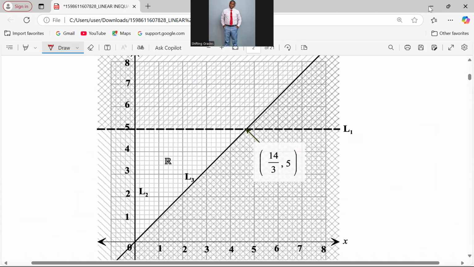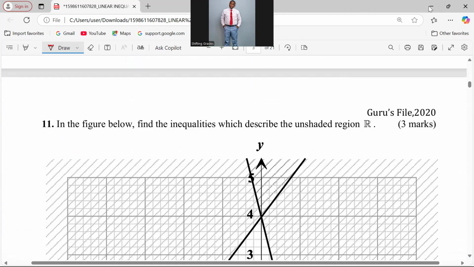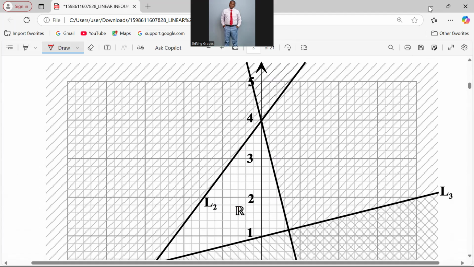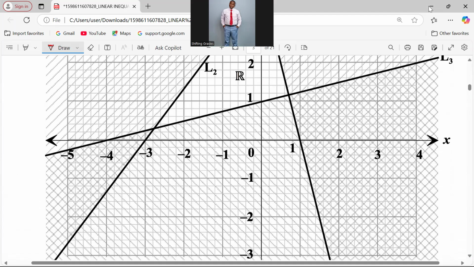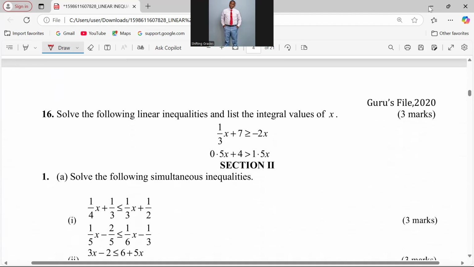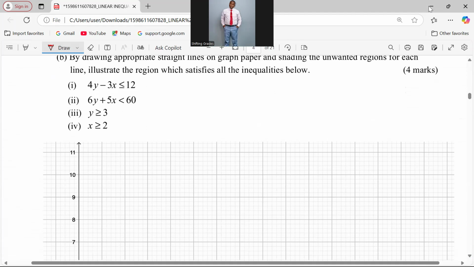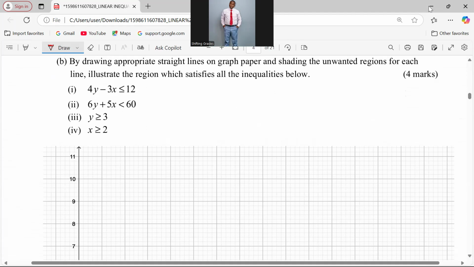Now, on graphical work, allow me to begin with a question which involves plotting the line, or plotting the inequalities, that is, representing inequalities graphically. So that from there, we will interpret plotted inequalities so that we may know the inequality which had been plotted.